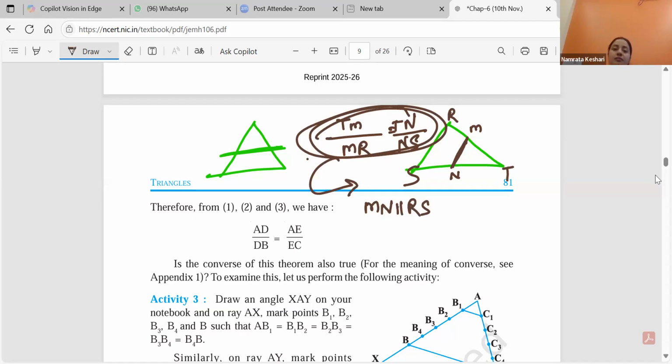Are you getting it? This is the converse of the same theorem, just the reverse way. If the line is parallel, then the ratio will be the same. And in case in the question it is given that the ratios are the same, then by yourself you can take that the line will be parallel. Are you getting it?